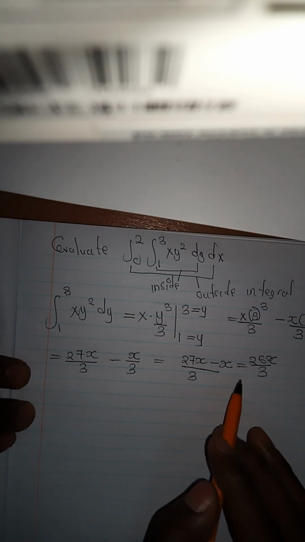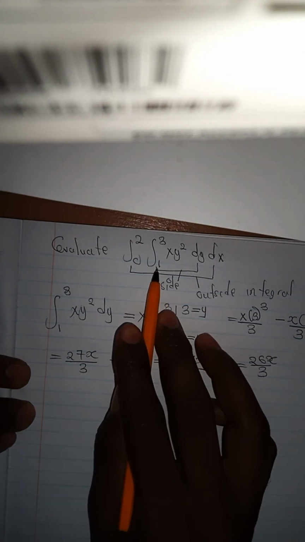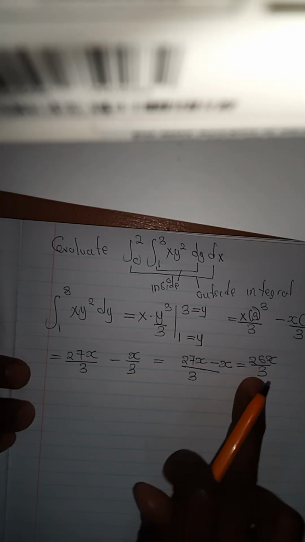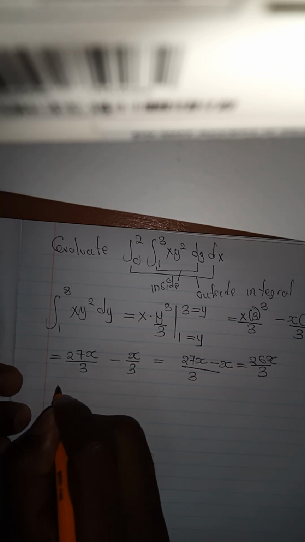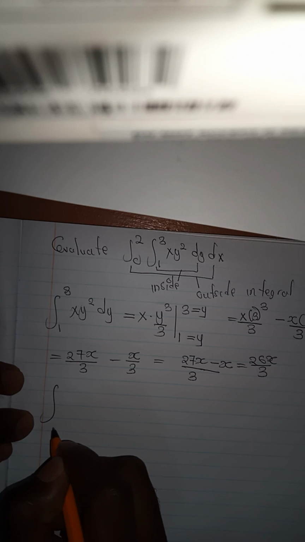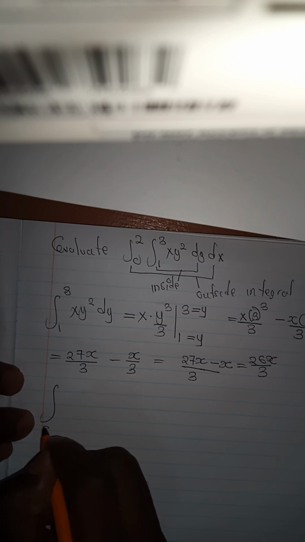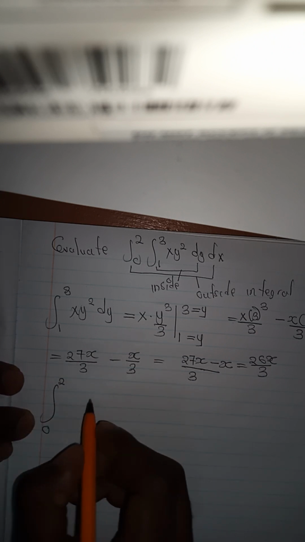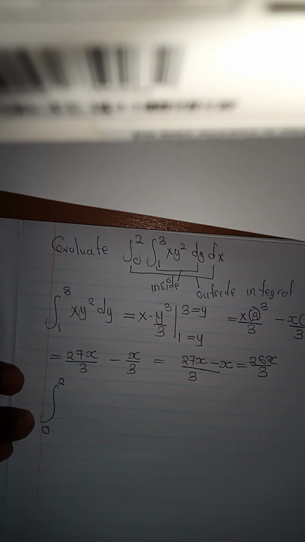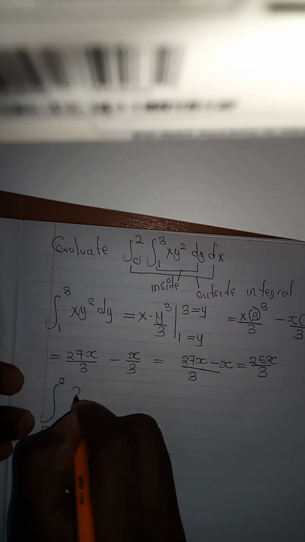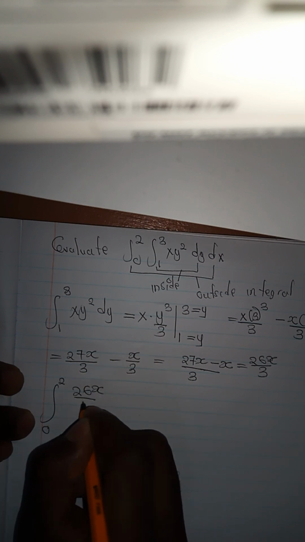It means now the inside function can now be replaced by this. So this is what we have at the moment. Then the outside limit ranges from 0 to 2. And then the inside antiderivative is now replaced by 26x over 3.